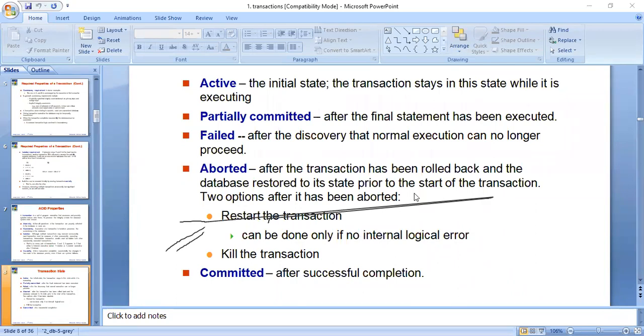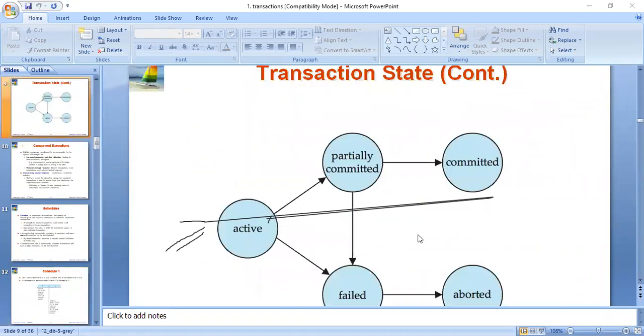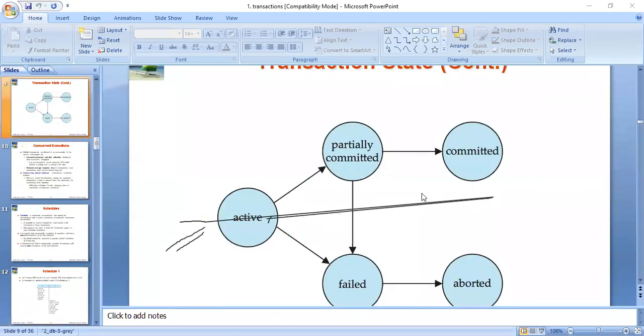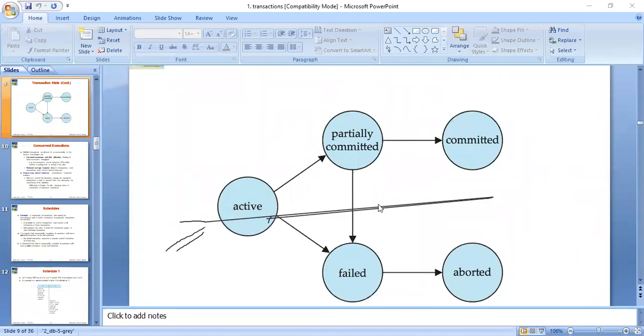For this we have a diagram here. You can note down this diagram, the transaction state diagram. It has the active state, partially committed state, committed state, and under this the failed state and aborted state.